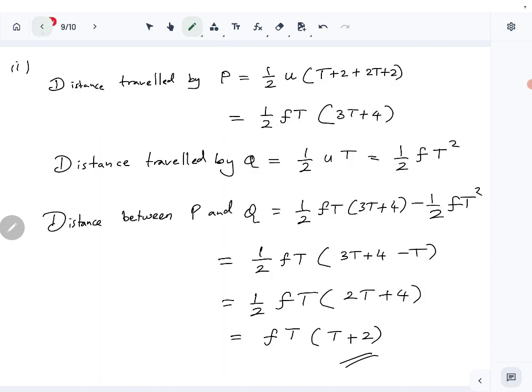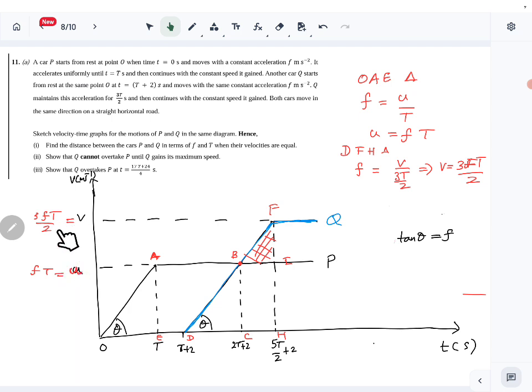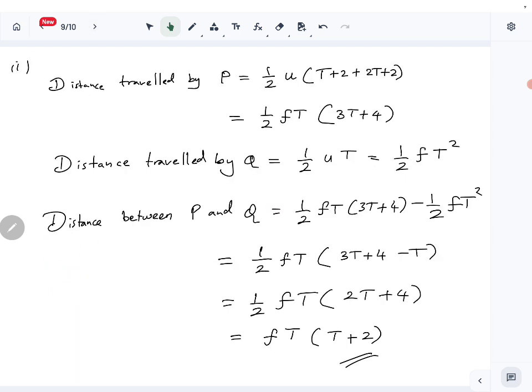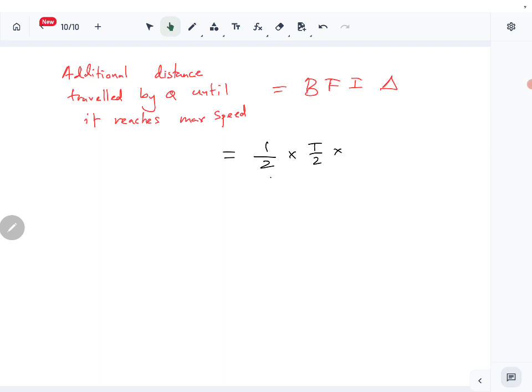Height is V minus U, 3ft over 2 minus ft over 2, ft over 2. So ft squared over 8. Right, this is the additional distance traveled by car Q after it reaches the same speed as P until Q reaches its maximum speed.